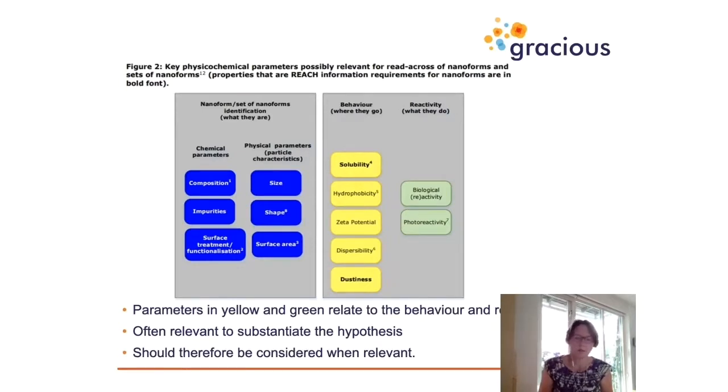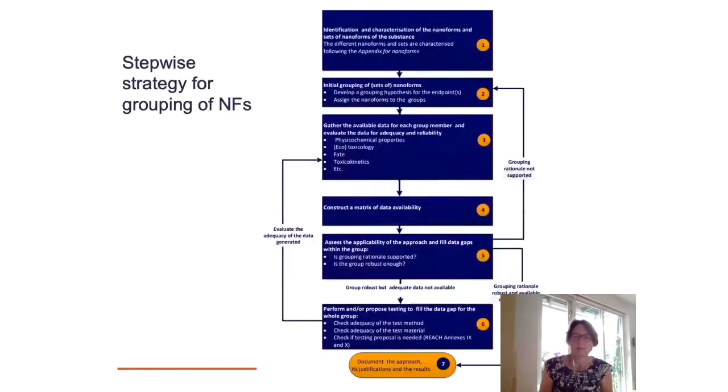And then we focus for the characterization on this part: composition, impurities, surface treatment, functionalization, size, shape, and surface area. So this is the first part: identification and characterization of the nanoforms and set of nanoforms.